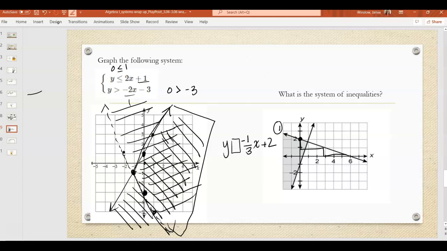Then you just got to figure out what's the inequality symbol. So this one is shaded over 0, 0, so 0, 0 is true. So if 0, 0 is true, that means 0 is less than or equal to 2. And I chose less than or equal to because this is a solid line. So there's our first inequality.